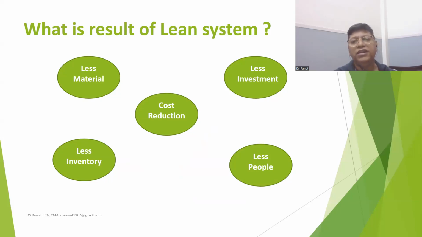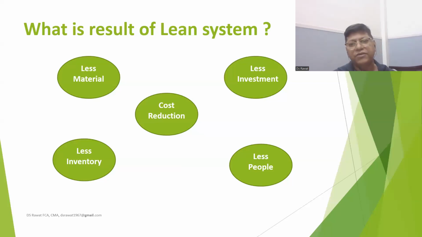We will need less investment in the machineries, in the warehouse, or in the process, because our line will be balanced. We will be keeping less inventories. We will be able to reduce our cost because we will eliminate our waste, the non-value added things.